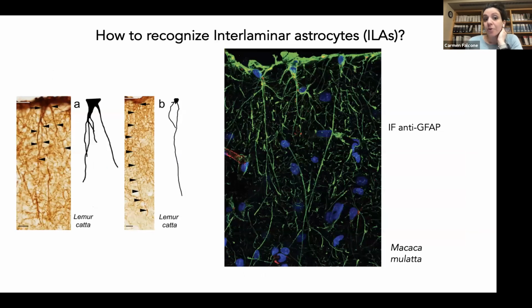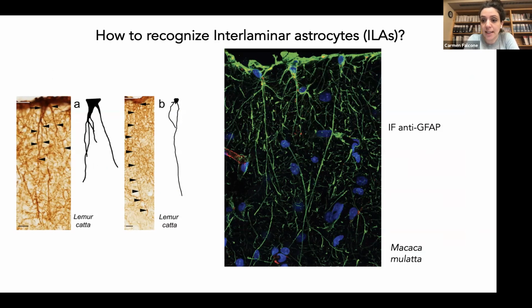So how can we recognize these interlaminar astrocytes? We don't have a specific molecular marker yet, a protein that we can label to see them, but we can stain the sections with immunofluorescence or enzymatic staining anti-GFAP. GFAP is a protein that is usually expressed also by other astrocytes, so it's not specific to these astrocytes, but it can help to recognize their morphology.